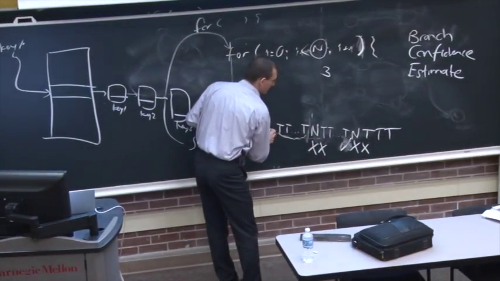So how do we improve upon it? Basically, maybe we're being too quick in our decision, right, in our prediction. We're changing from taken to not taken and not taken to taken too quickly. Even though the branch may be mostly taken and mostly not taken. Right? So this is especially apparent if you have something like this, right, a loop iteration like this.